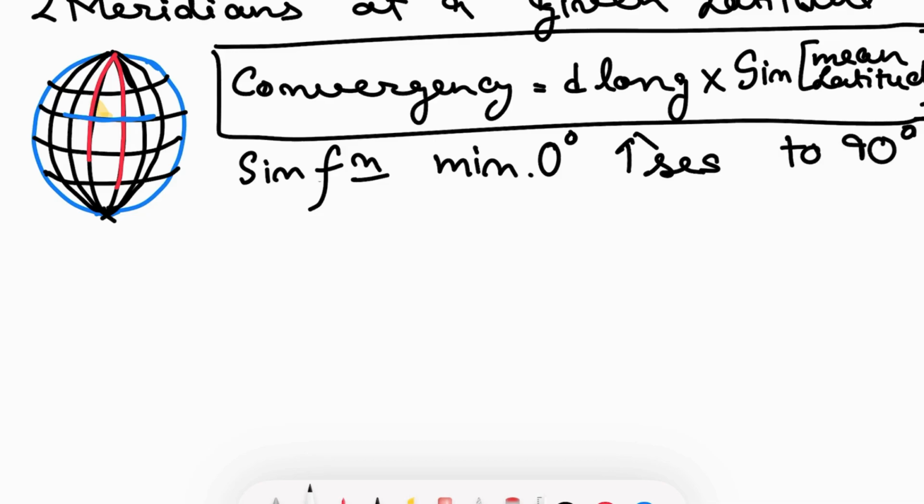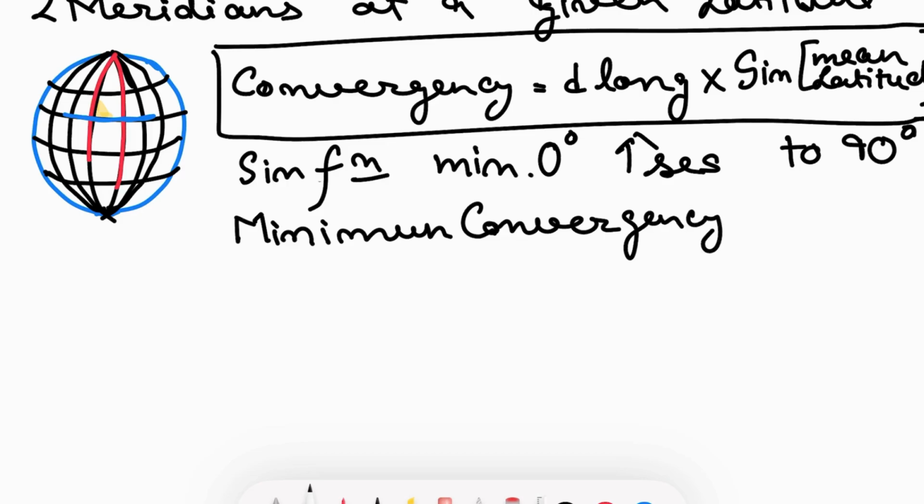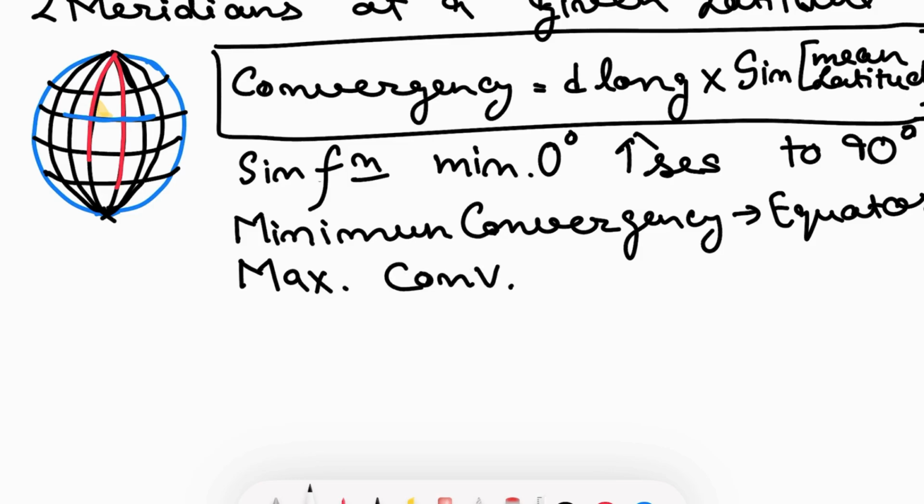So here also the minimum convergency is going to be at the equator, which is the 0 degree latitude, and the maximum convergency is going to be at the poles, both of the poles, because that is the 90 degree.